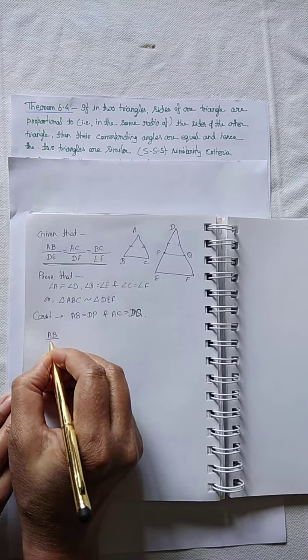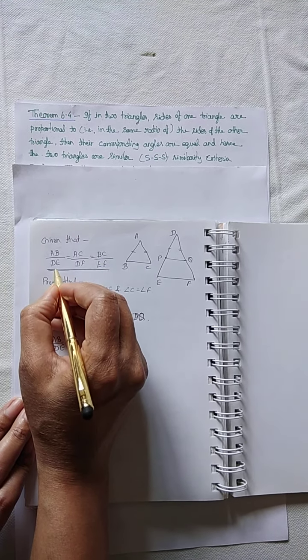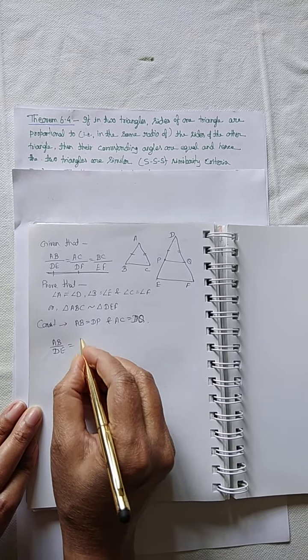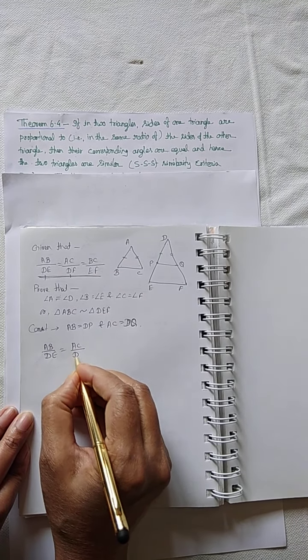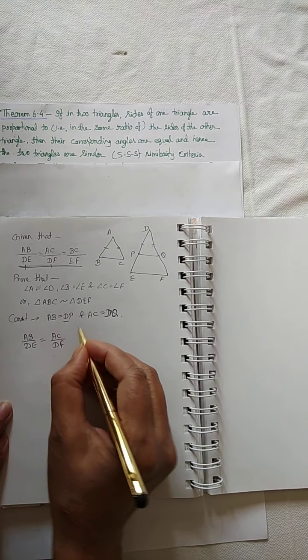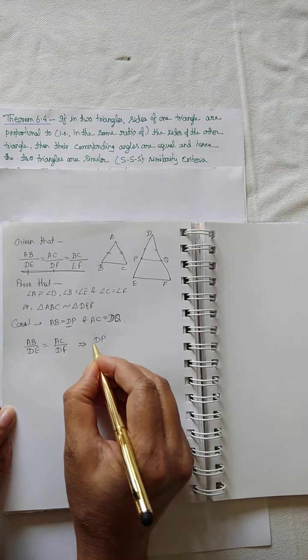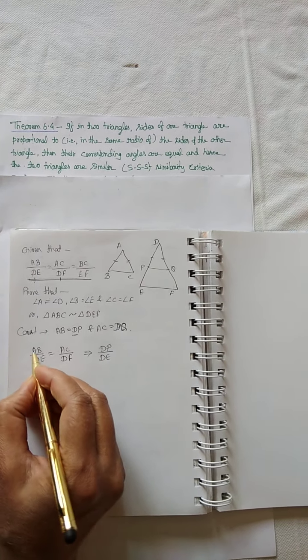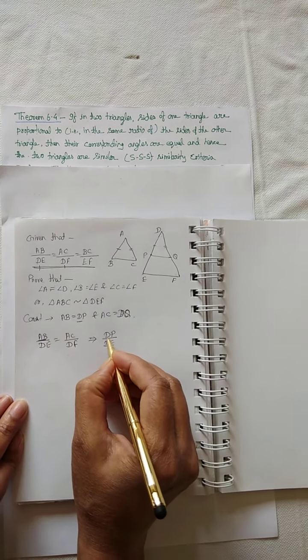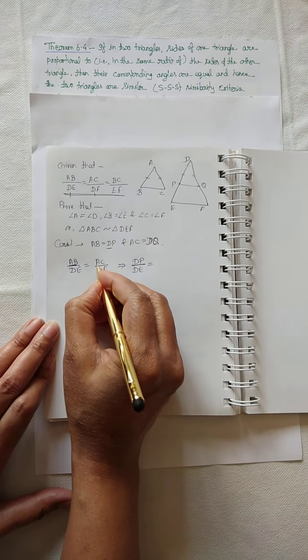As per our given, AB by DE equals AC by DF. We will take only these two. What is AB? AB is DP. So in place of AB we just write DP. So DP by DE equals, what is AC?